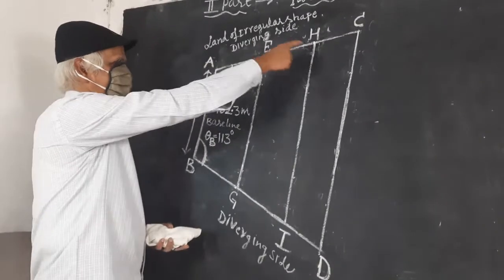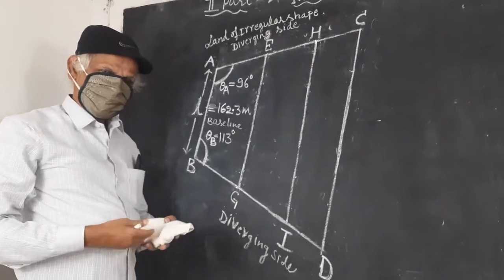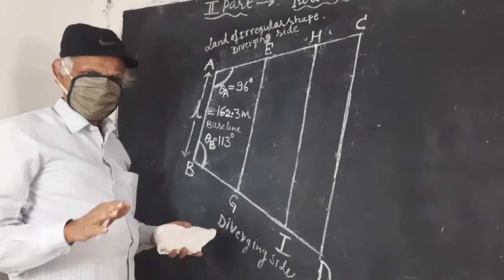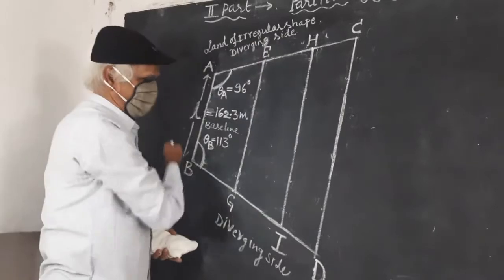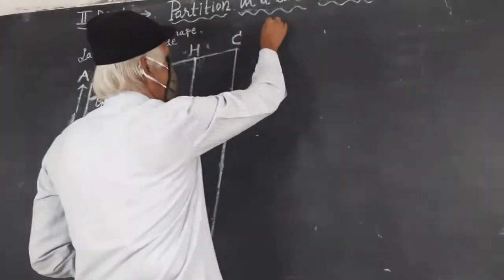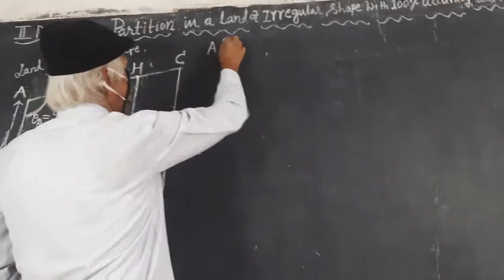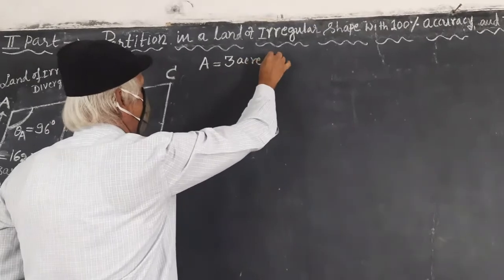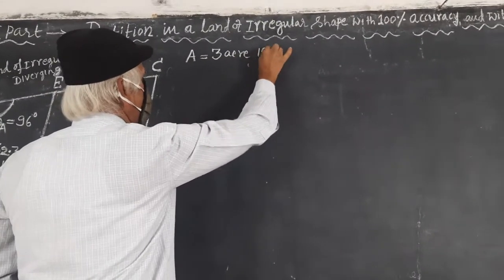The lengths of the remaining sides may or may not be given. Let the total area of this land be 3 acre and 15 gunta.